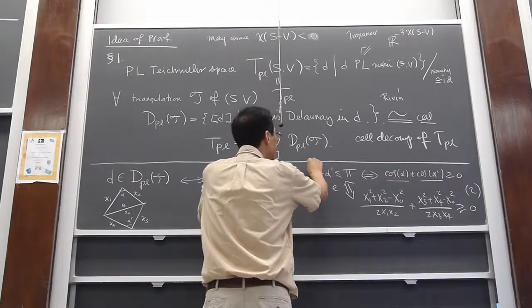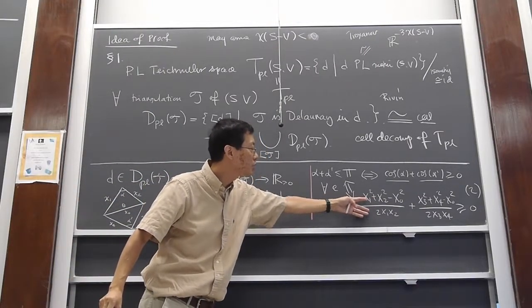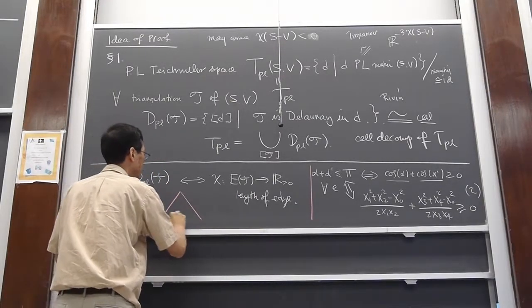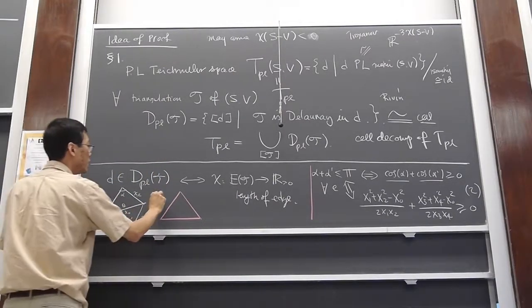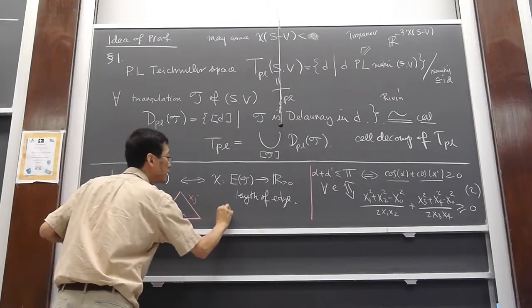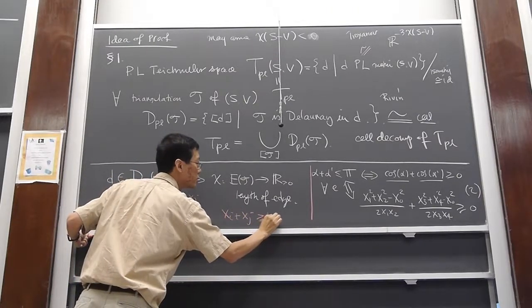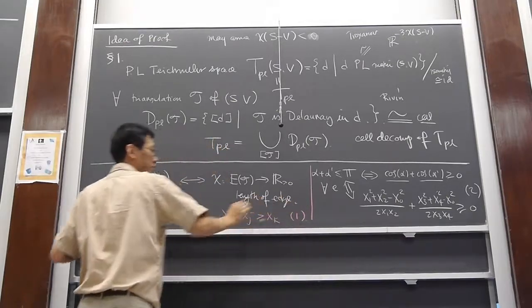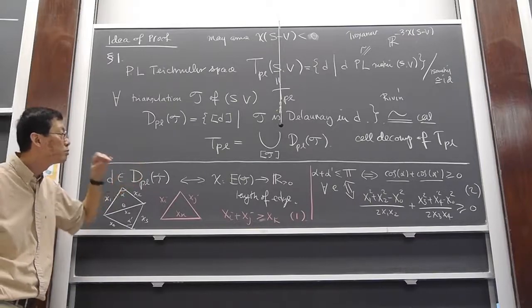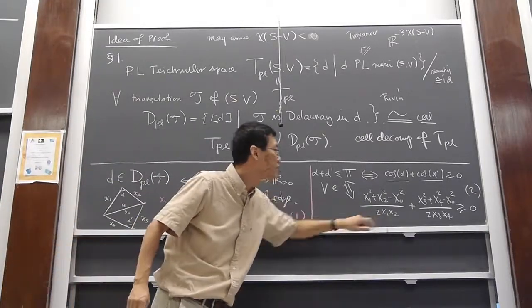So there are two sets of conditions: Delaunay translated into an algebraic inequality, and also that if I see a triangle with side lengths xi, xj, xk, then the sum of any two is bigger than the third. So there are two sets of inequalities for a metric to be Delaunay. First, the triangle inequality to construct the metric, and second, the Delaunay condition.